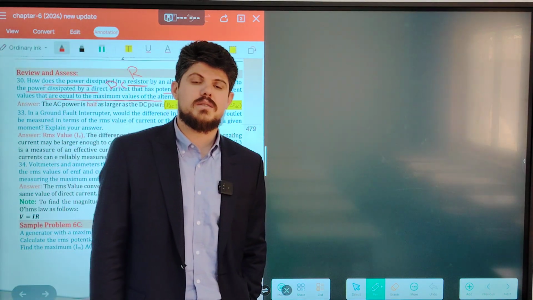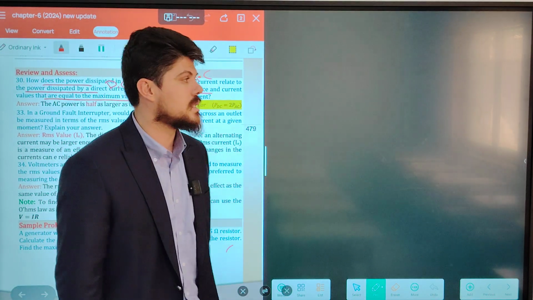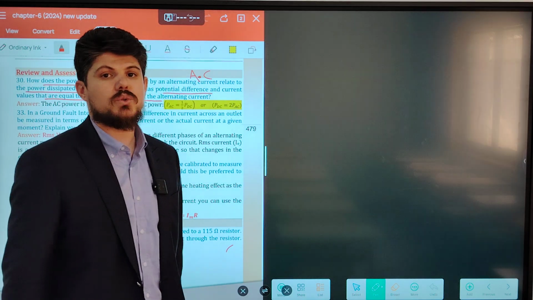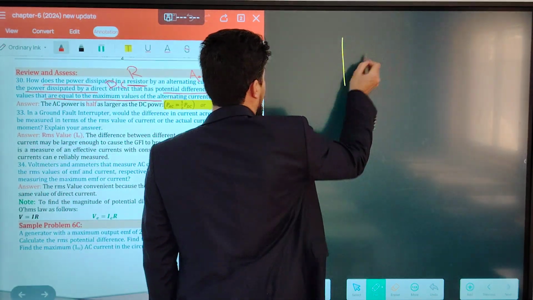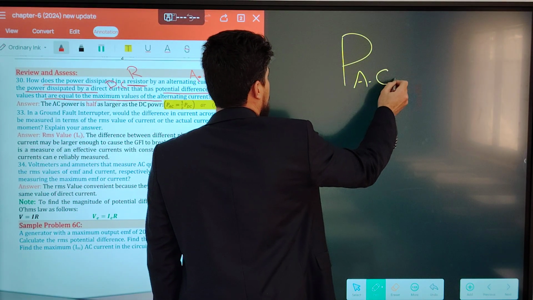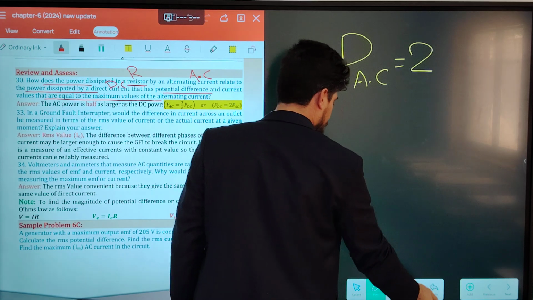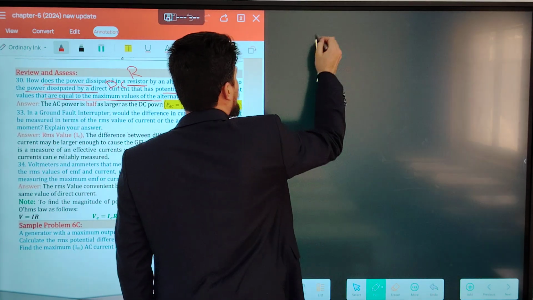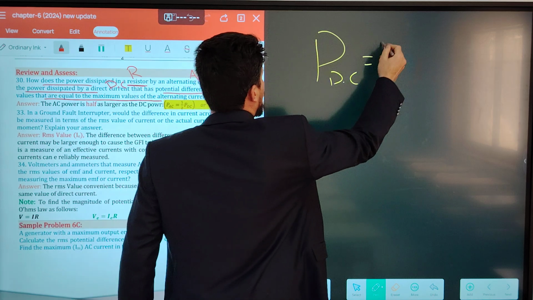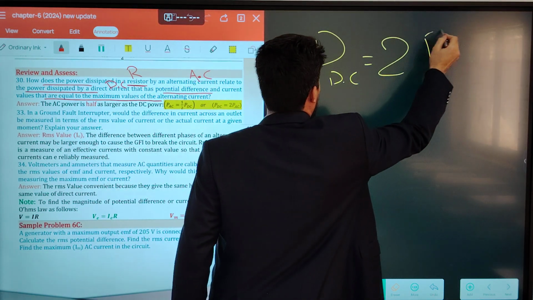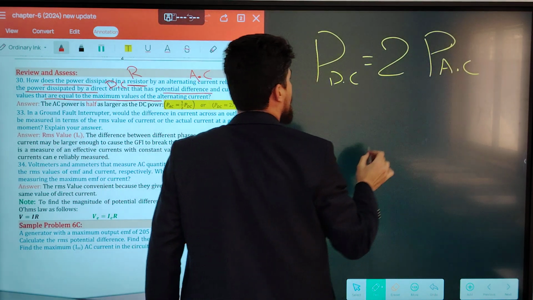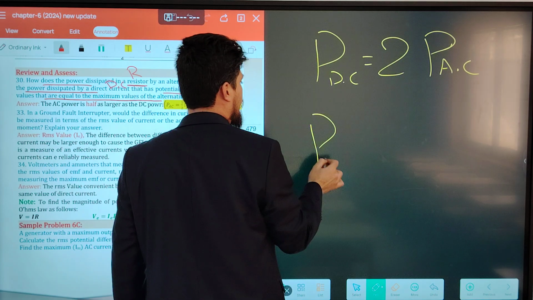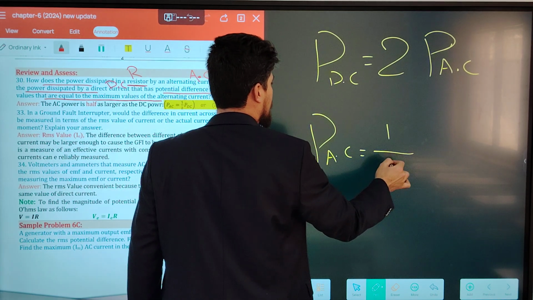If both AC and DC have the same maximum current, what is the relation between these two powers? We know that power in DC is twice the power in AC. If we rearrange, power AC is equal to what?